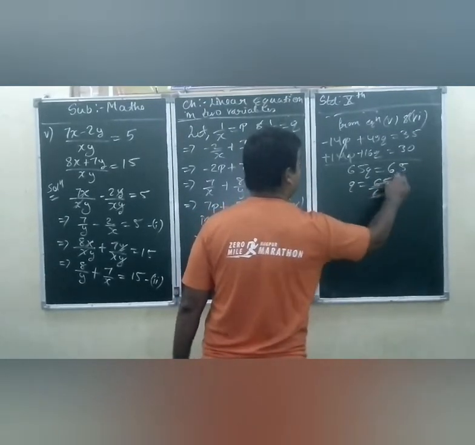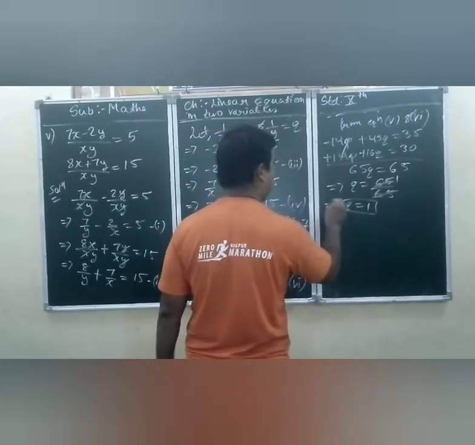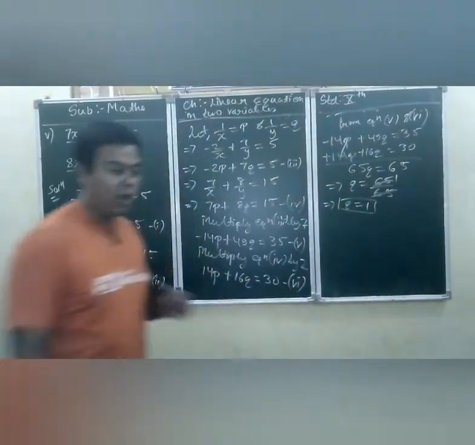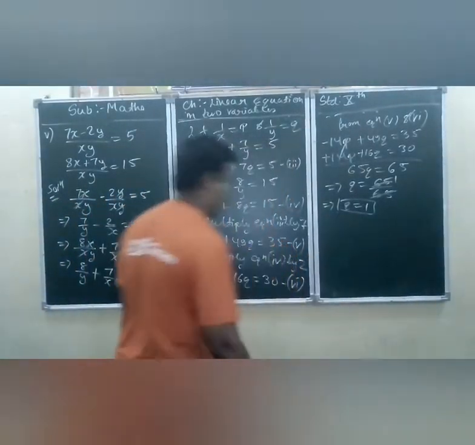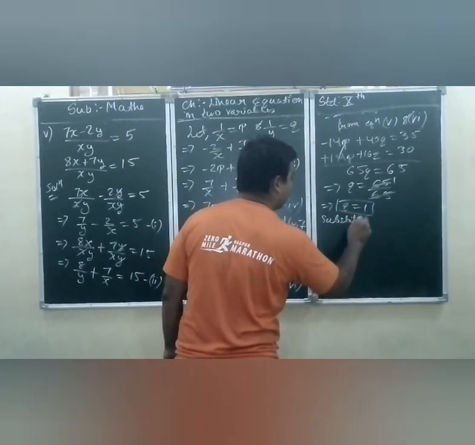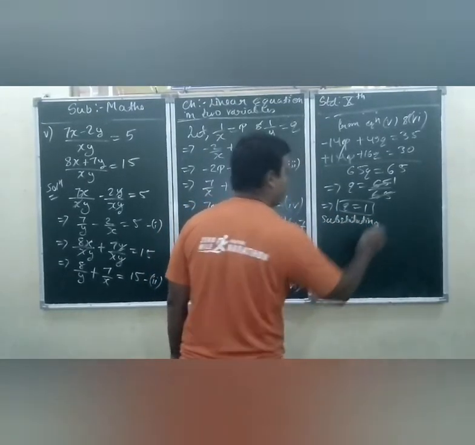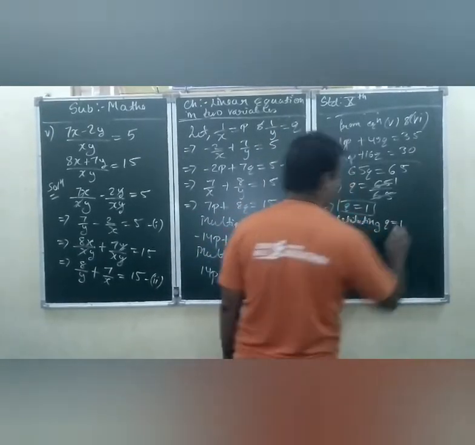So q value is 1. We got the q value. Now find the value of p by substituting q equal to 1.